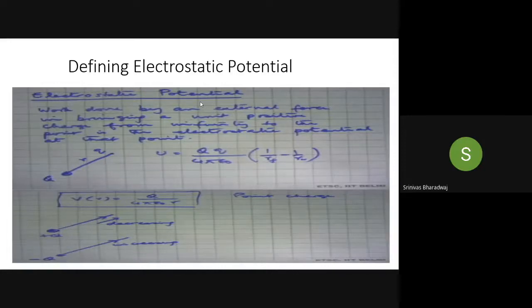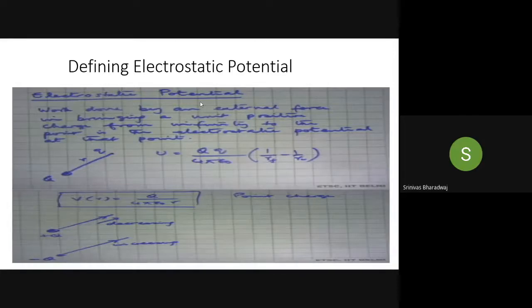Now, what do we say if you have a line charge or a sphere of charge? You do integration from the point charge; you just use the superposition principle. So that is what it takes to bring a unit positive charge from infinity to a particular point.